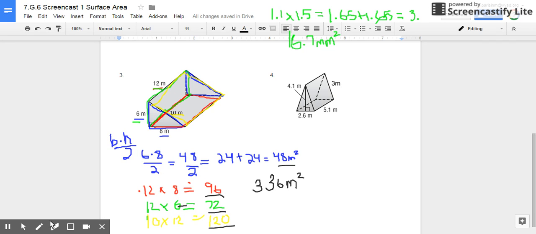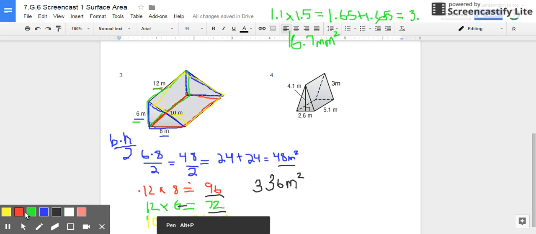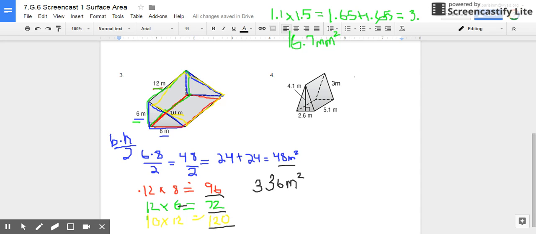Okay, let's see how far we can get on this next one. So I'm going to start again with the triangles. So I have this front triangle right here, which is the same as this back triangle. So if I'm trying to find the area of the triangle, I do base times height. So my base is 2.6. And then I'm going to multiply that by my height of 4.1.